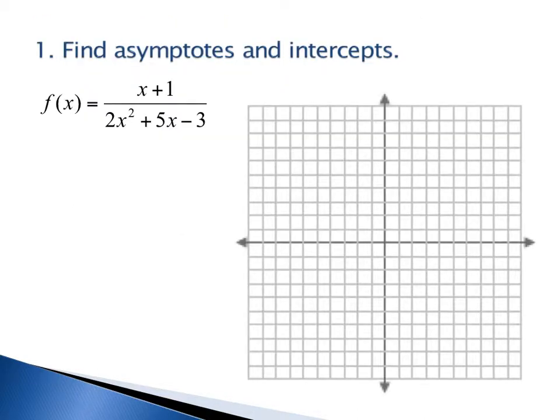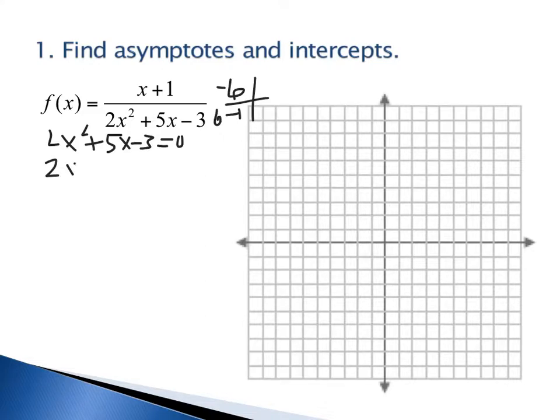So for this first one, our vertical asymptote is setting the bottom equal to 0. So we're going to have 2x squared plus 5x minus 3 equals 0. Okay, so what things factor into -6 but add up to +5? Well, that's going to be a +6 and a -1.